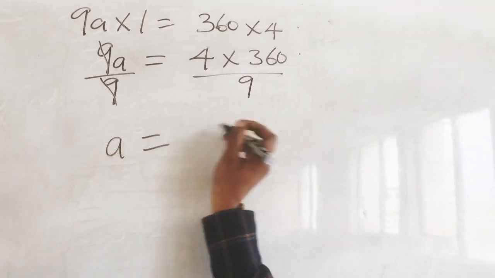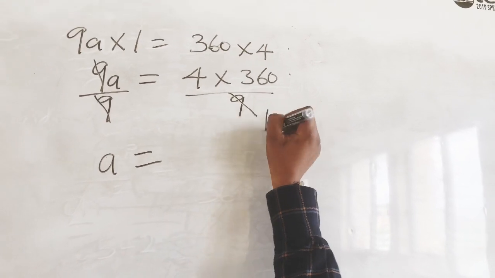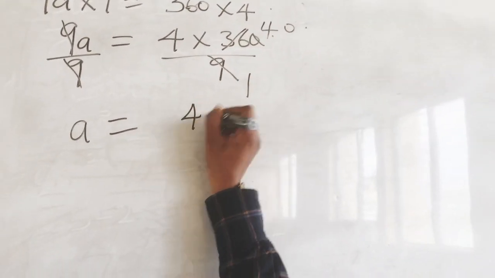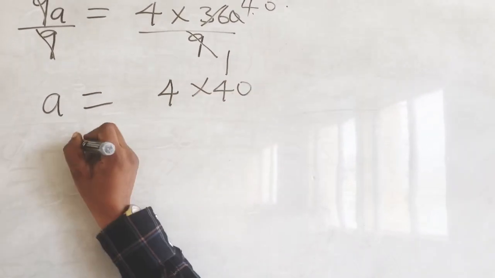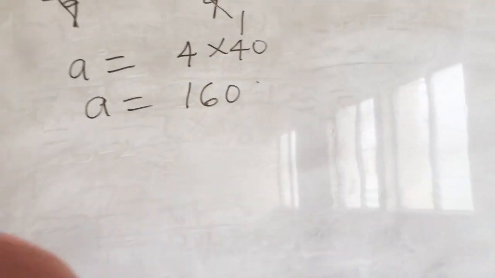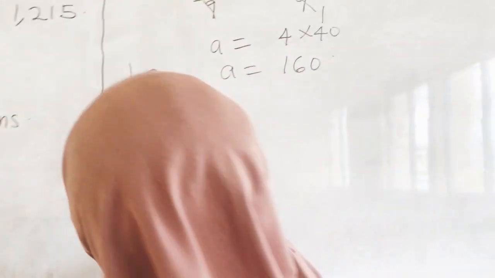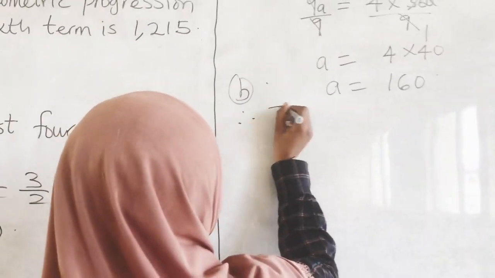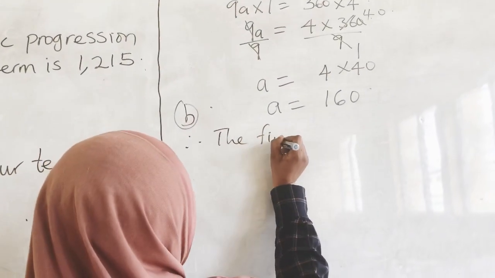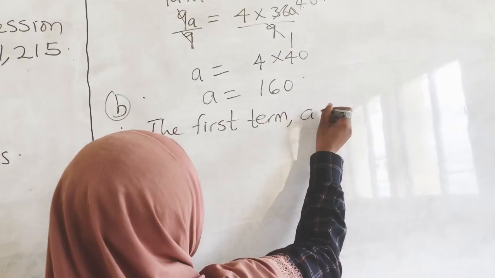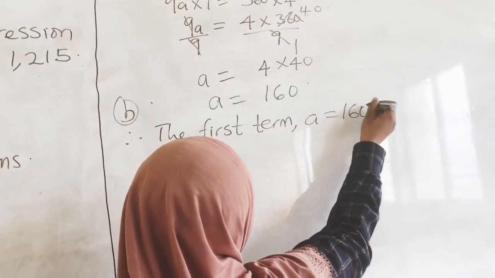A is equal to 9 here 1, 9 here 40. So 4 multiplied by 40, A is equal to 160. So that is the first term. So we now see, therefore, the first term A is equal to 160.